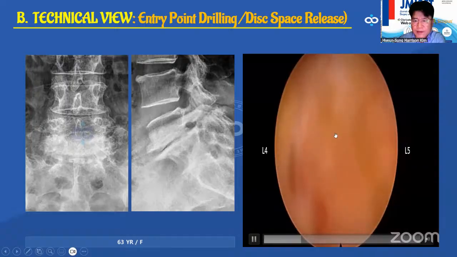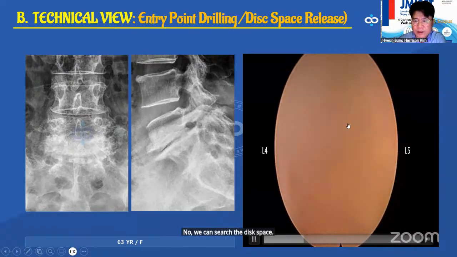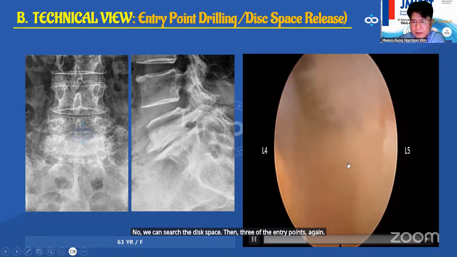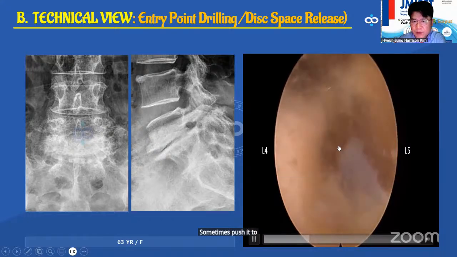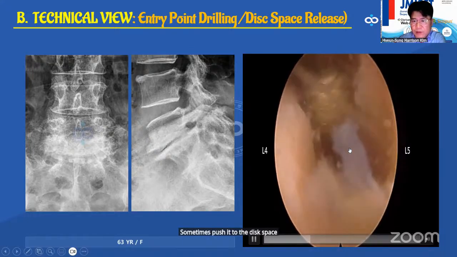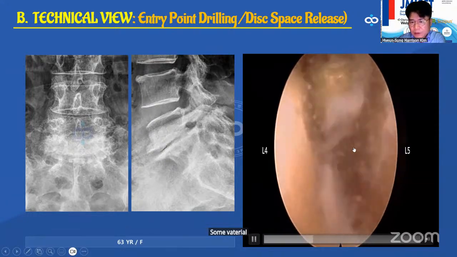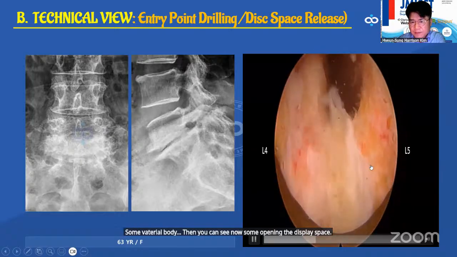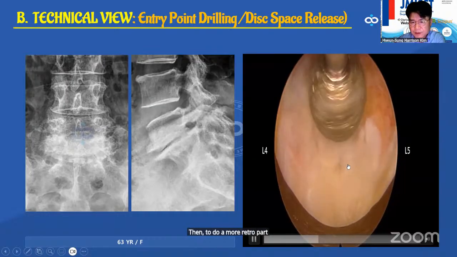Now we can search for the disc space, then drill the entry point again. Sometimes push it into the disc space. Then, if possible, we preserve some of the vertebral body. Then you can see now the disc space is opening. Then drill the more lateral part again.